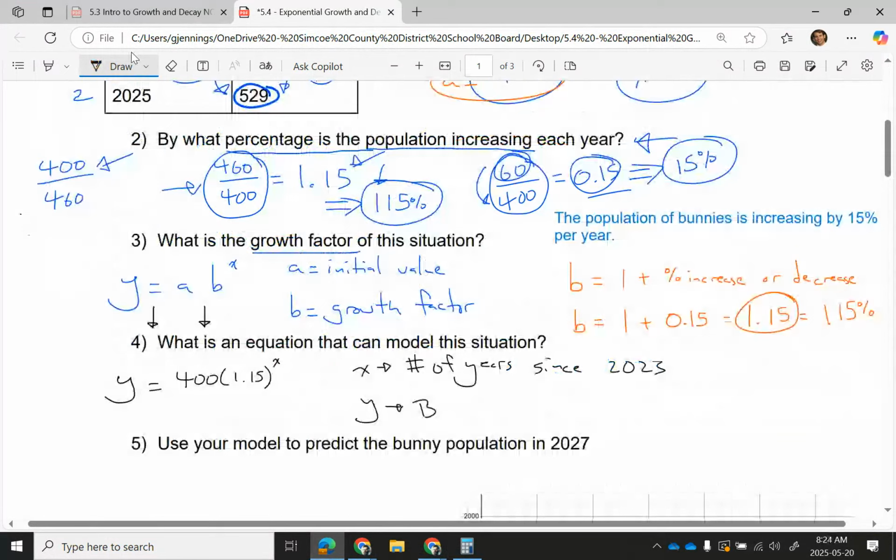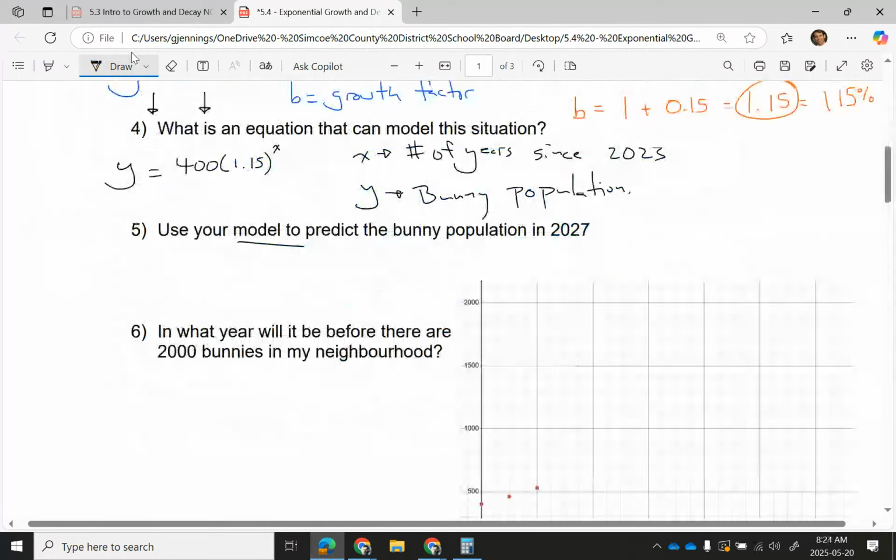Very cool. Now, let's use our model to predict the bunny population in 2027. What will x equal in this case? 4. So just plug and chug. y equals 400 multiplied by 1.15 to the power 4.